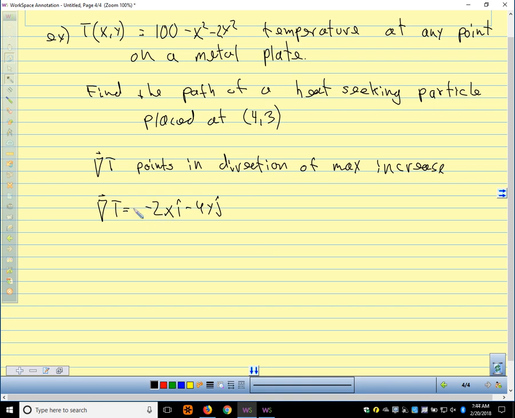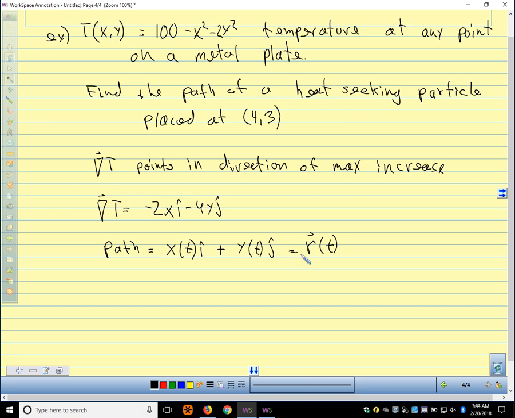So let's call the path that it moves along some x of t i hat plus y of t j hat. So that's the path it moves at any particular time. And I'm going to call that r of t. So that's the path as a function of time.